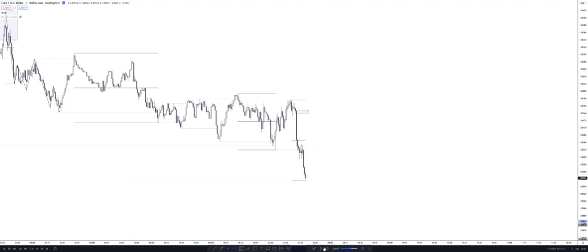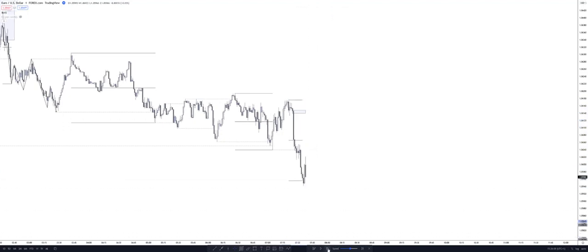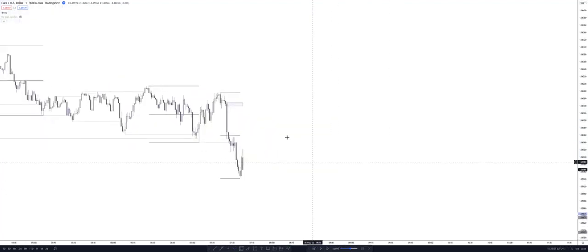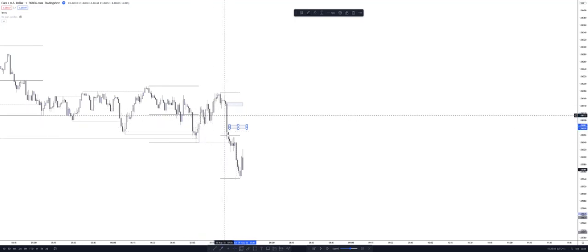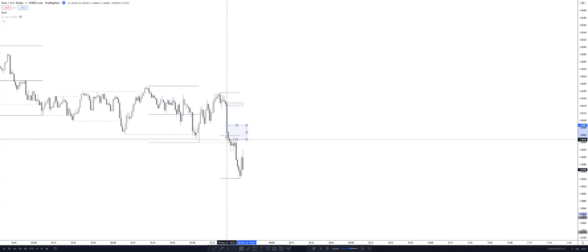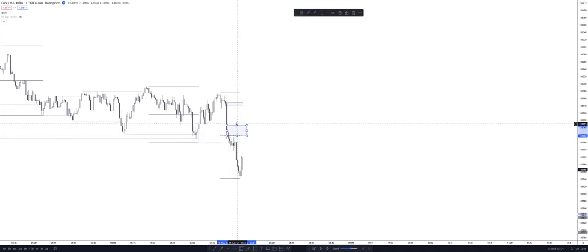Okay. And now there's actually some more of this flip zone before the break here. Part of it is in the premium, so we can look at that as well. This overall leg.